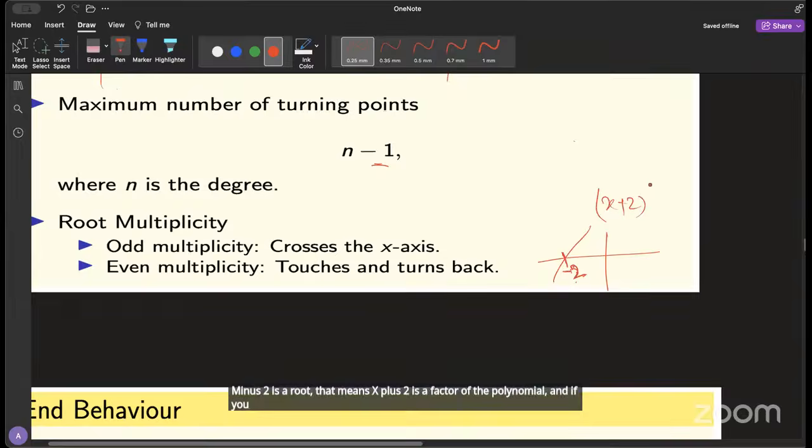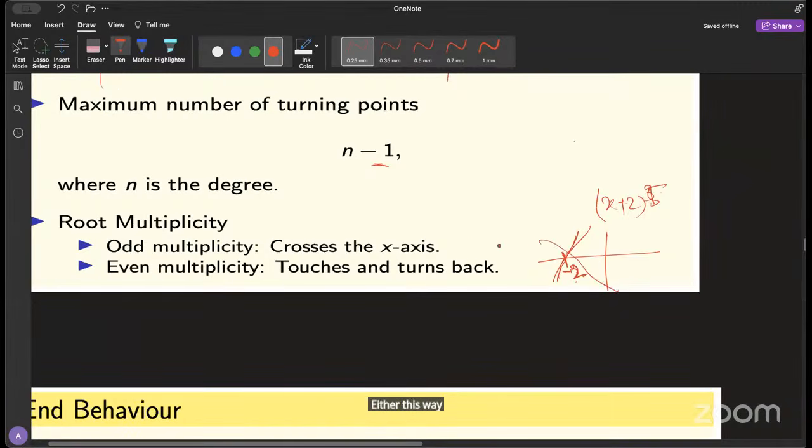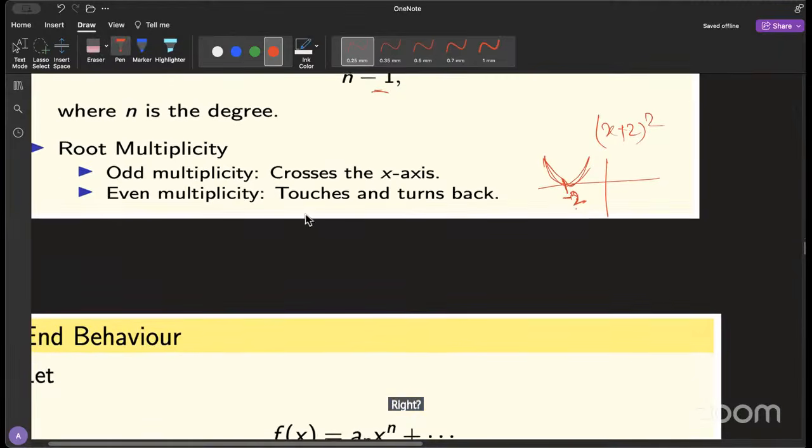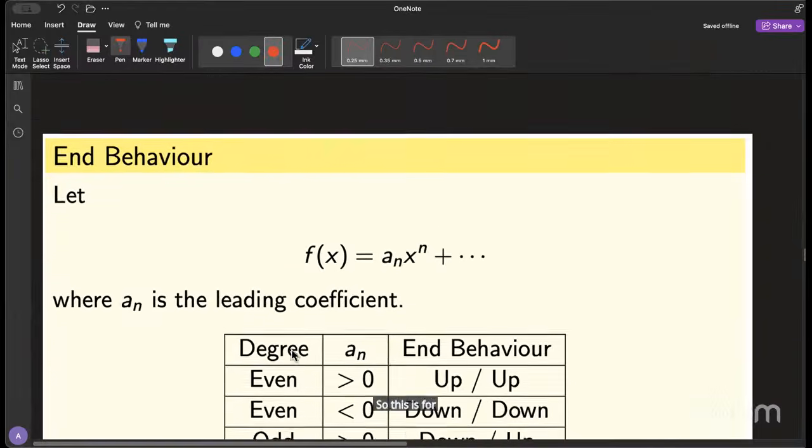And if you see an odd degree here, like 3 or 1 or 5, it crosses your x-axis either this way or this way, right? And if you see an even degree here, like 4 or 2, it's either this or this, one of these two, right? So this is for odd multiplicity and even multiplicity.